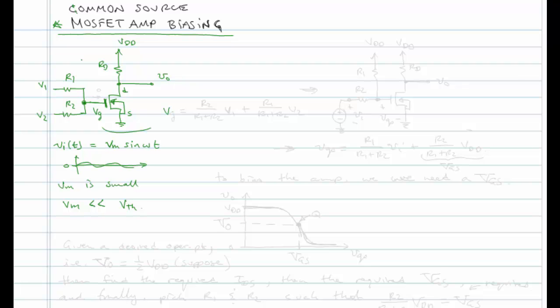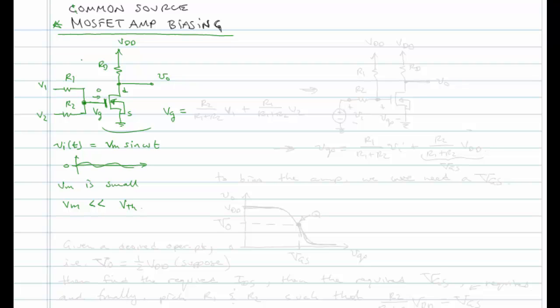Right? We'd have VG is equal to, just by superposition, we don't have to worry about the transistor circuit at all because there's no current that flows into the gate. So all we have is a voltage divider for V1 and a voltage divider for V2.